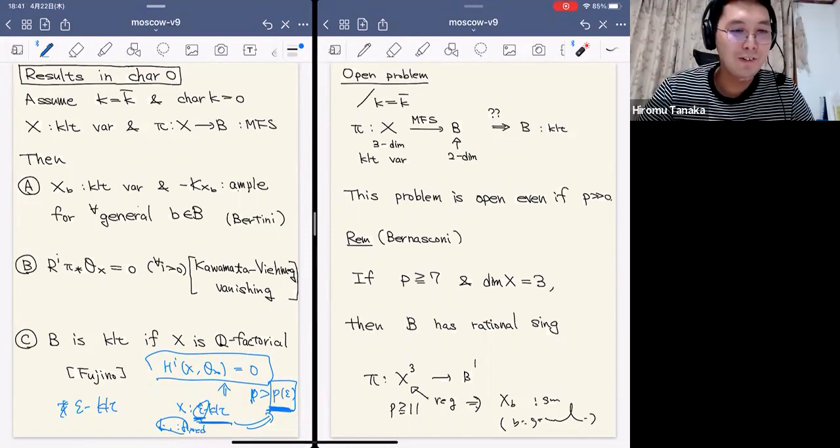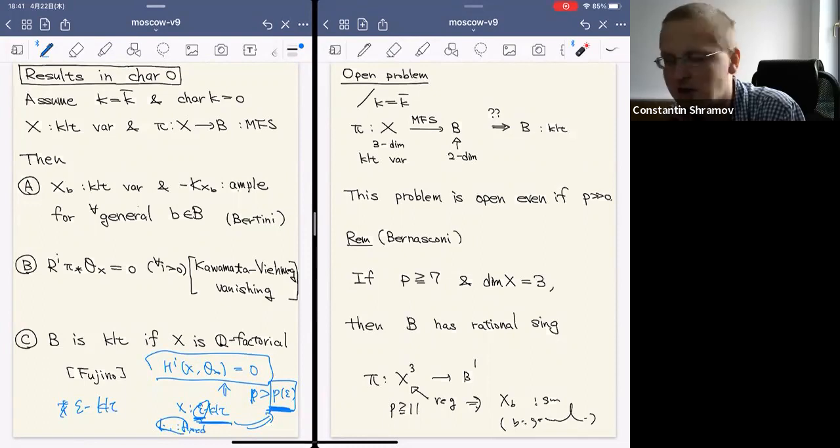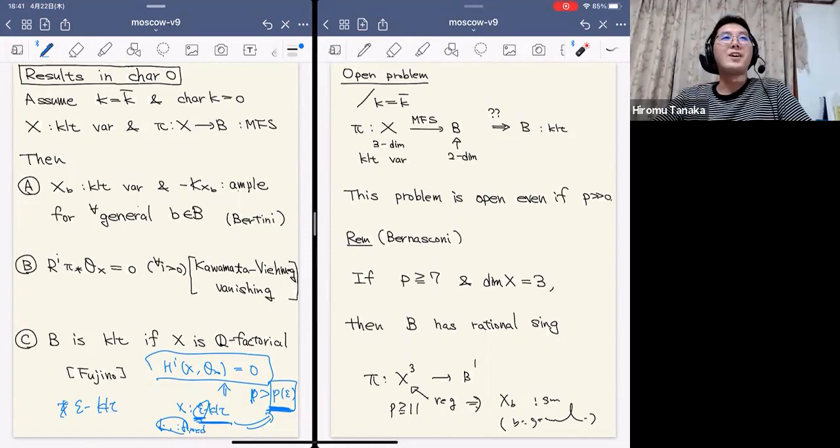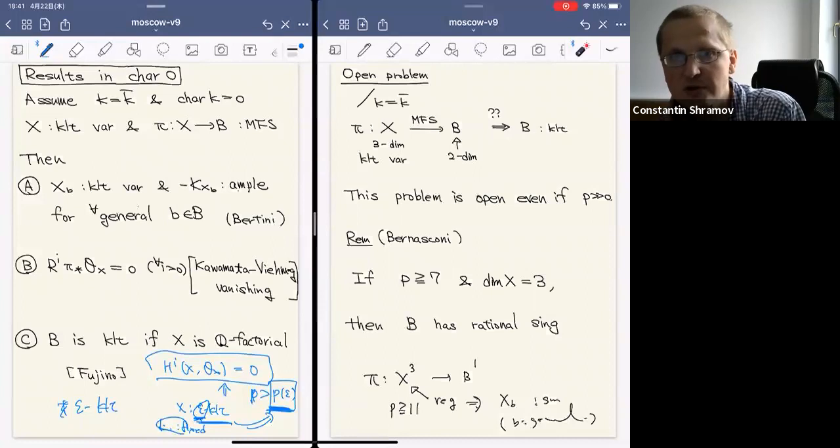Suppose that you can, in principle, have some other class of singularities which is more restricted than KLT, such that these geometric non-normality effects are not possible. I see. So maybe KLT is too large a class to consider.